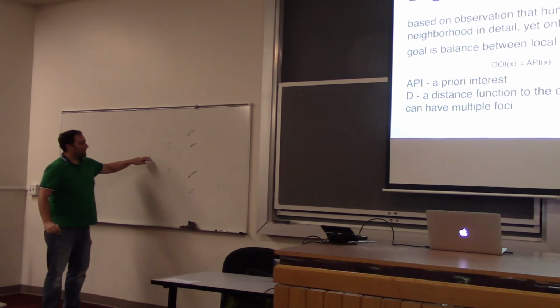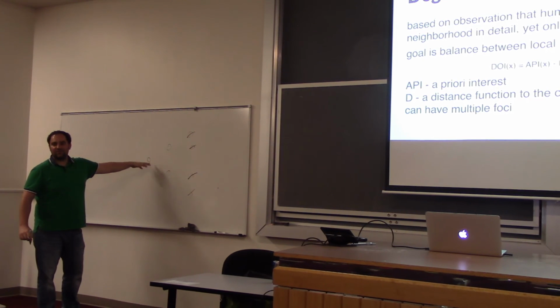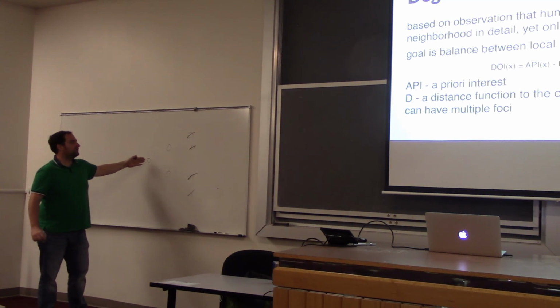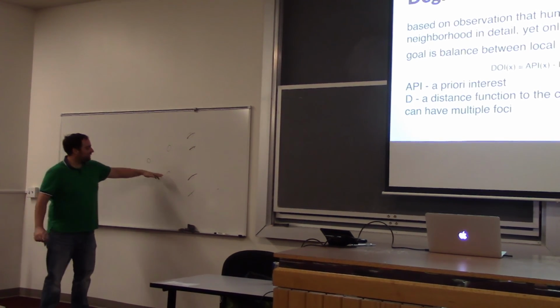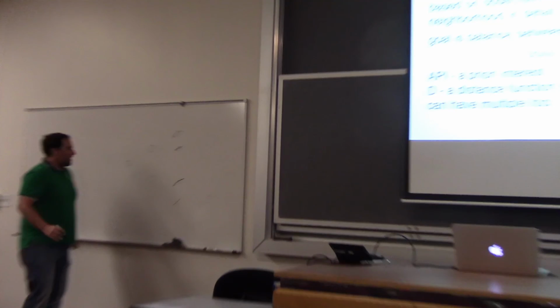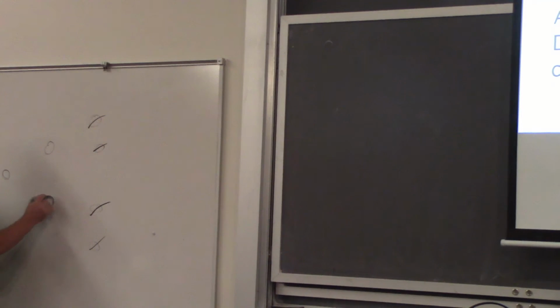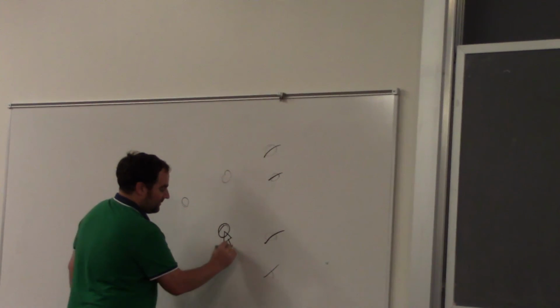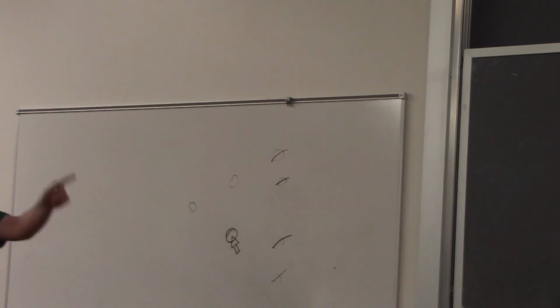So we have a high a priori interest in this particular node because it's the root. So everything originates from that node. And they also have children, so they're also considered important. But now, when I click on something, for example, when I interact with this node here, I kind of set this distance function.